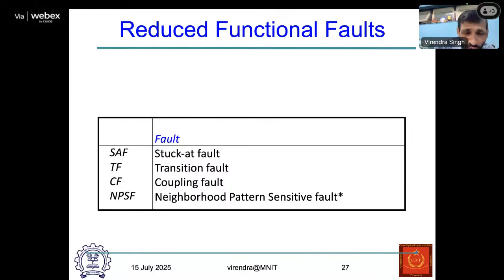So coupling faults, theoretically any cell can be coupled with any other cell. However, that doesn't happen practically, because this is a physical coupling. Now in the physical coupling, you can have coupling only with your neighboring cells. Neighboring cells means the cells which are in your vicinity. There can be four cells in your vicinity. That means one is left, another right, top, and down.